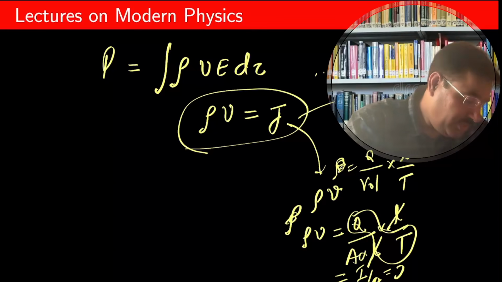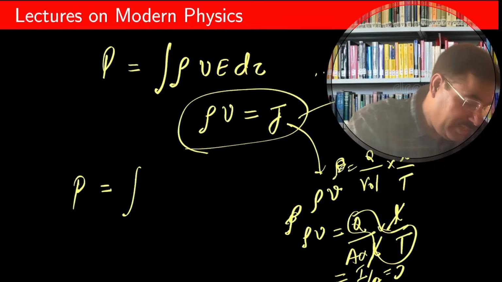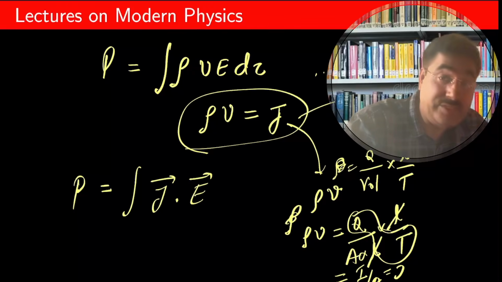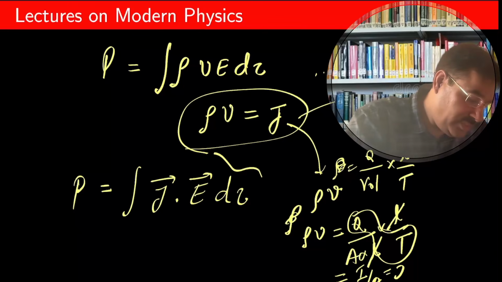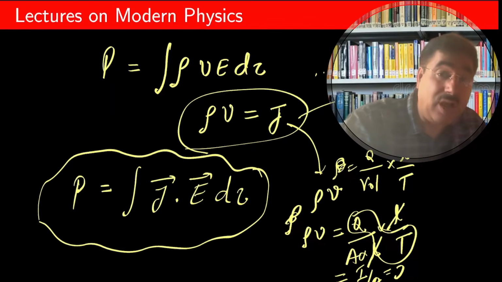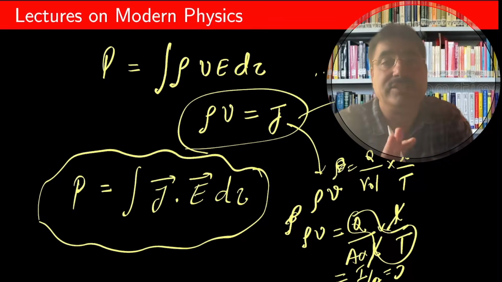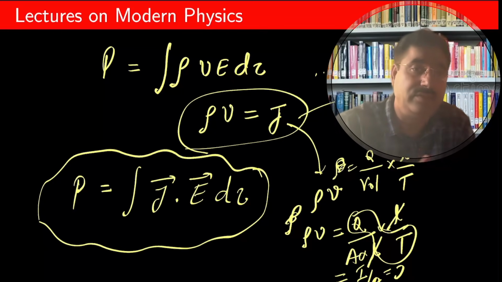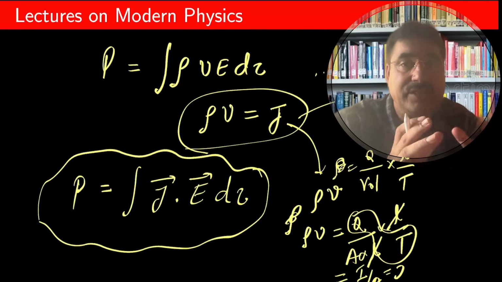Therefore, I can write the power delivered to the bunch of charges in the electromagnetic field as the integral of E dot J d tau, because the integrand has to be a scalar. So this gives me the idea of how much power is being delivered to the bunch of charges.